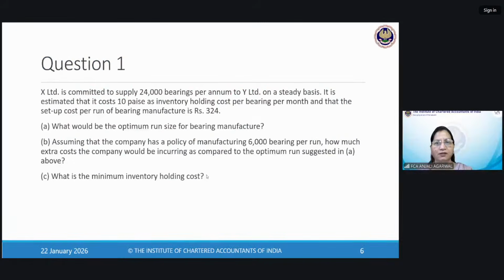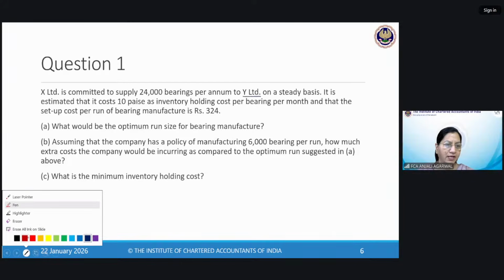So now we will learn and try to understand the concept using some questions here. X Limited is committed to supply 24,000 bearings per annum to Y Limited on a steady basis. So here, Y Limited has to take a decision: how many units should be ordered at a time?